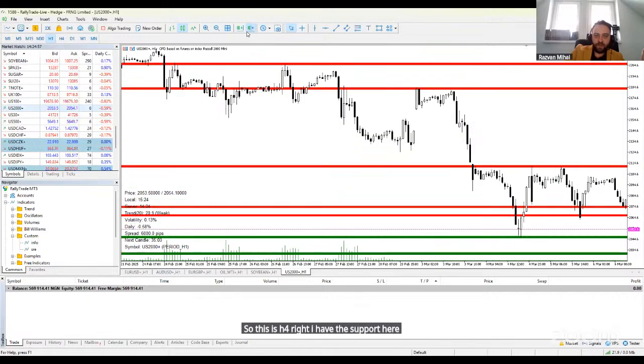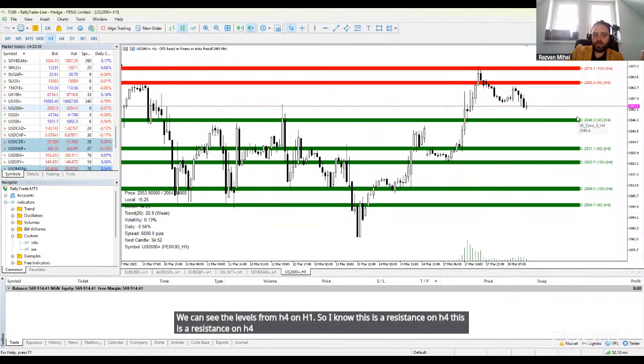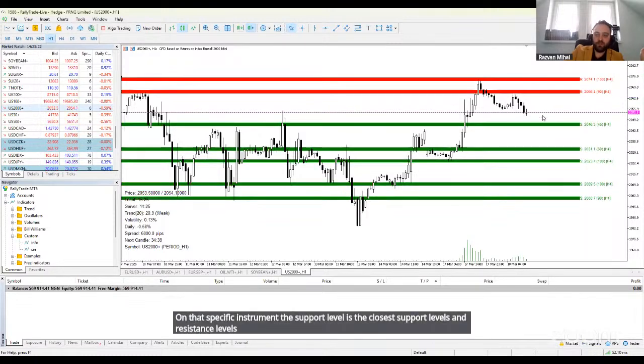Now moving back to H1, we can see the levels from H4 on H1. So I know this is a resistance on H4, this is a resistance on H4, this is a support on H4. Okay, so any instrument you would like to use, it's adaptive, and it will show you on that specific instrument the support levels, the closest support levels and resistance levels based on the price movement, and it will adaptively change. If the price moves above the resistance, it will become support, and so on.